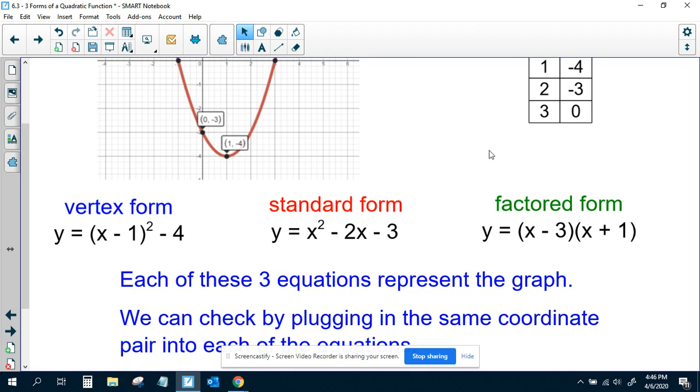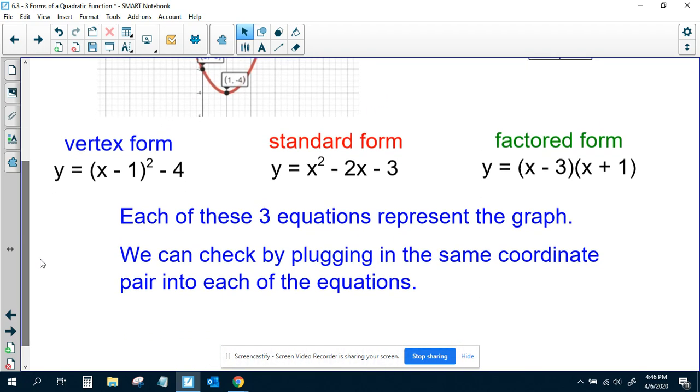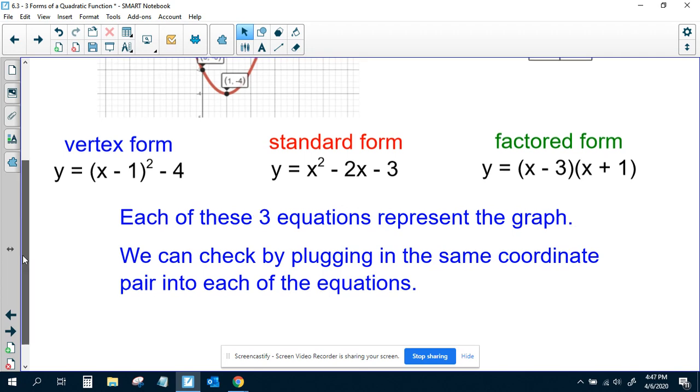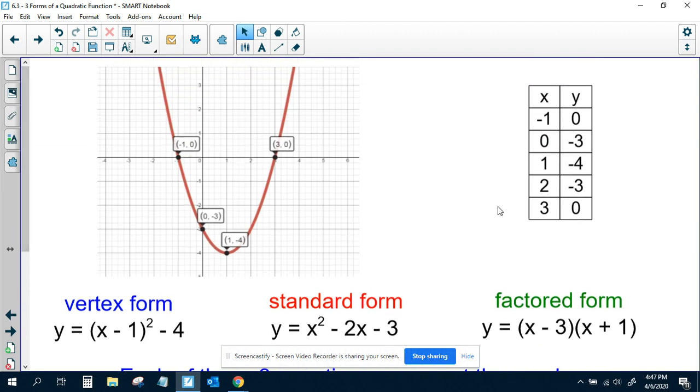Each of these, vertex, standard, and factored form, are all represented by the same graph and by the same table. So one way that we can check to make sure that each of these functions represents the exact same graph is to plug in the same coordinate pair into each of the equations. Let's try that first. We'll just pick this coordinate pair, 0, -3.